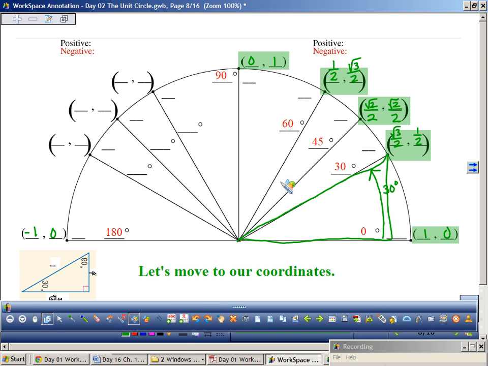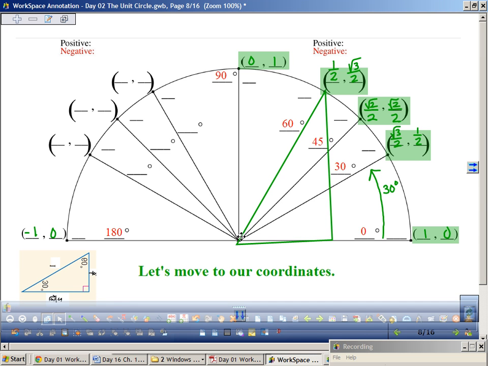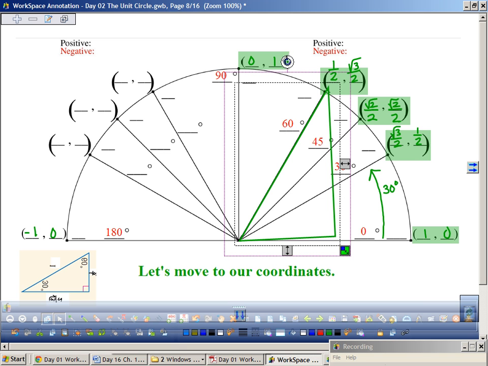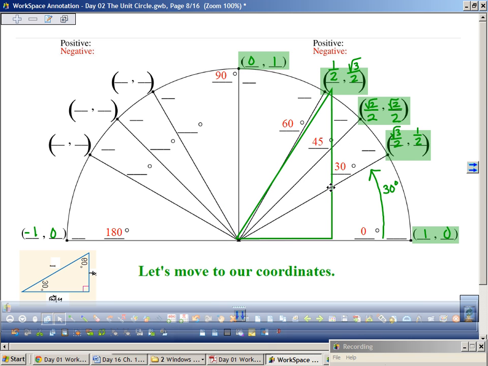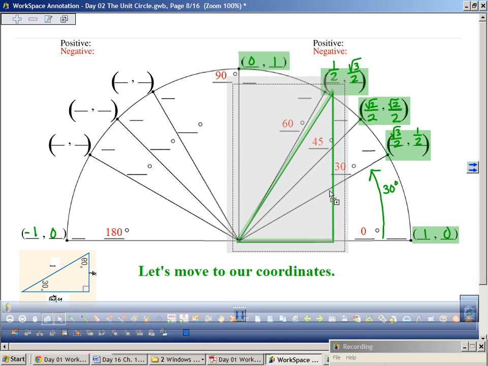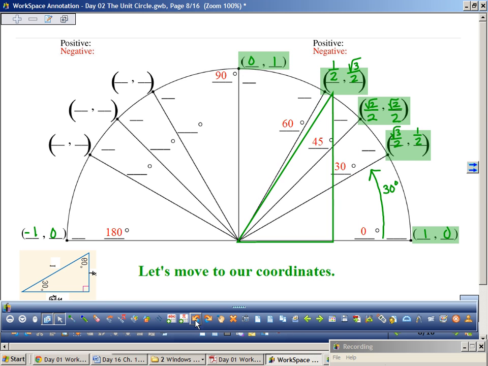Actually, I kind of like your idea. Because if we do the 60-degree one, it won't be in the way of my whole thing showing that that's 30 degrees. Got it? Not a very good one, but it'll work. I actually don't like it at all. I'm doing it again.